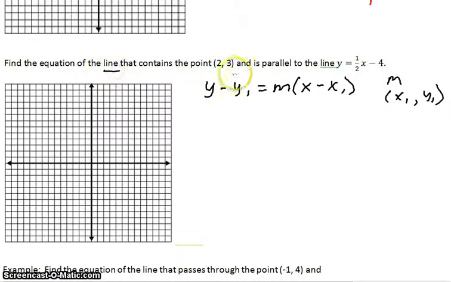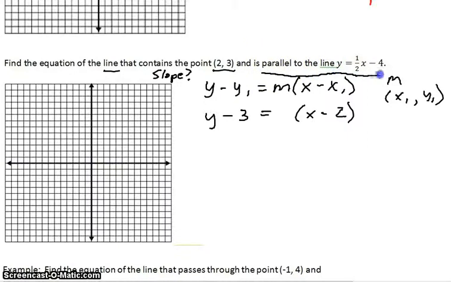So we have a line that has a point, but it doesn't tell us what the slope is. So I'm going to write down what the point is, but I'm going to leave the slope blank for a minute because I don't know it, because it doesn't tell us exactly what the slope is. But we do know something, that it is parallel to this line.